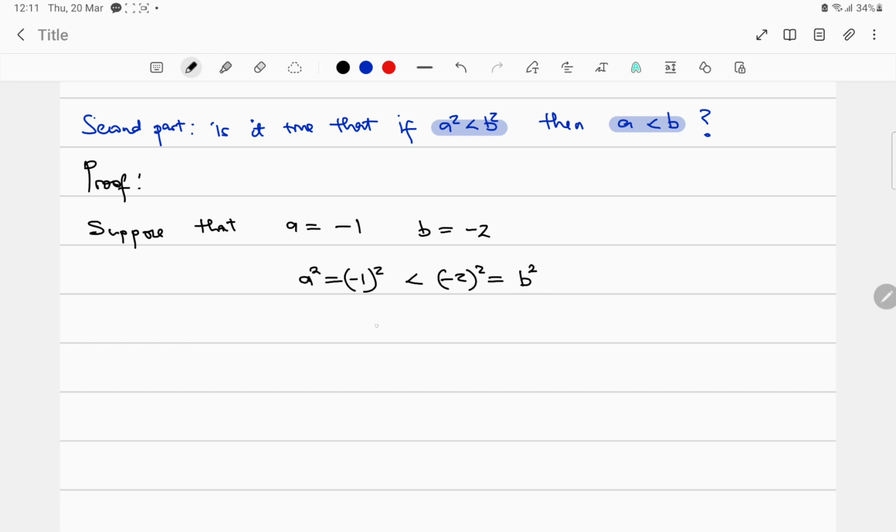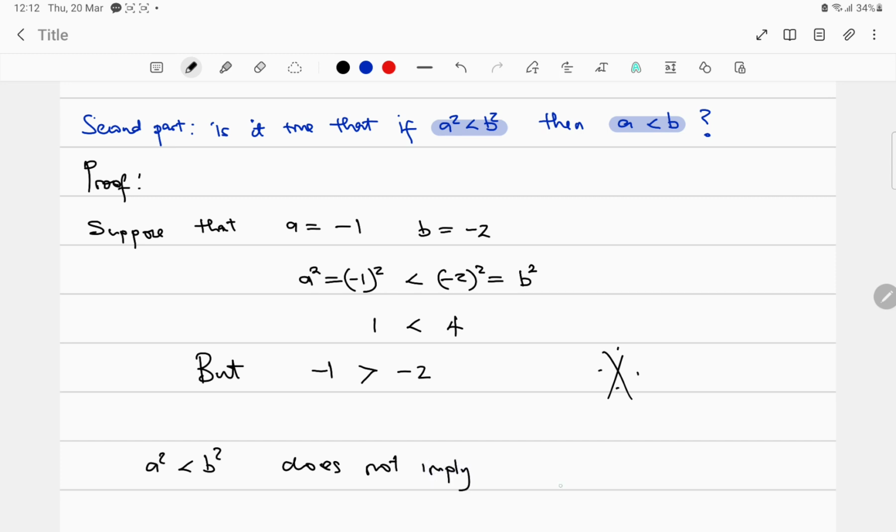So this is actually resulting in 1 is less than 4. But -1 is actually greater than -2. So this is a contradiction. So this implies that a squared less than b squared does not imply a is less than b.